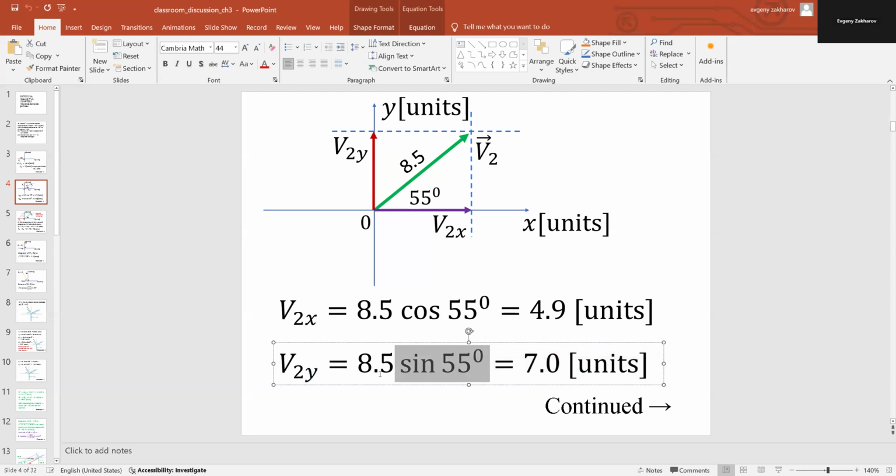So it's still the hypotenuse times the sine of the reference angle. You still get a value less than that. And it's positive. Do you see how v sub 2y is pointing upwards, which is the same direction as the positive y direction? Positive y is up, v sub 2y is up, so v sub 2y is positive.